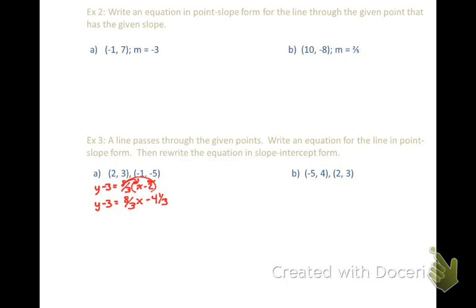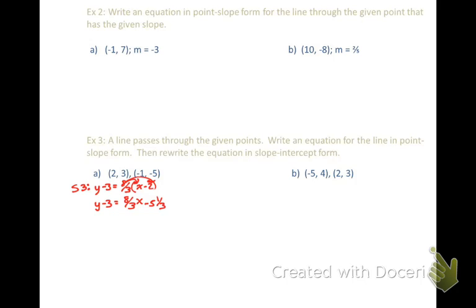Well, I accidentally erased it all, so I just rewrote it again. This is step 3. So I distributed the 8/3. So instead of it being in fraction form, that should be minus 5 1/3.